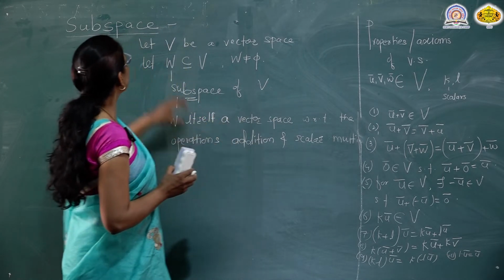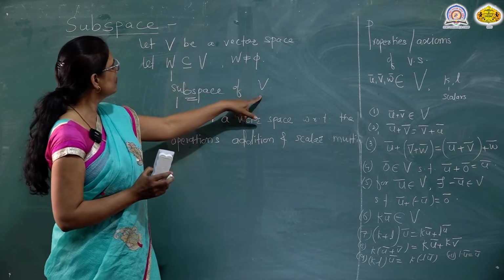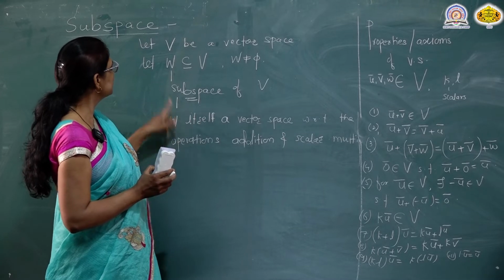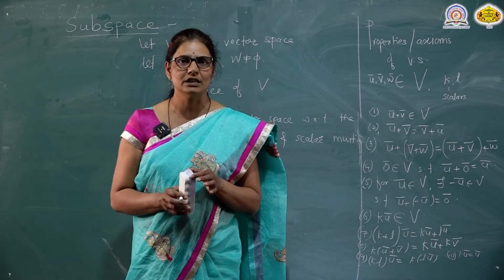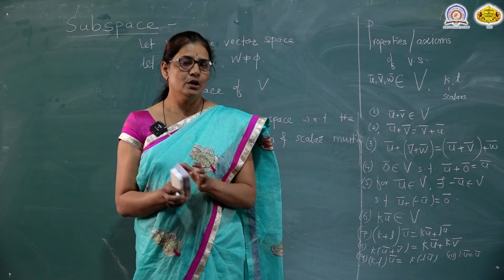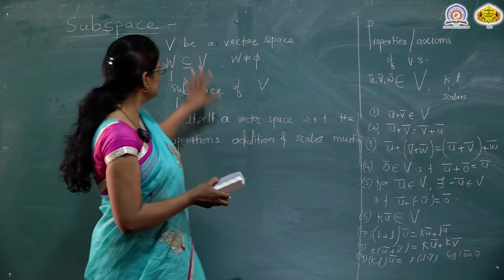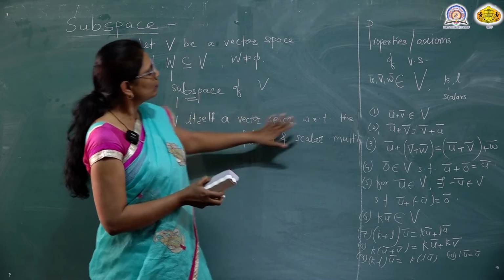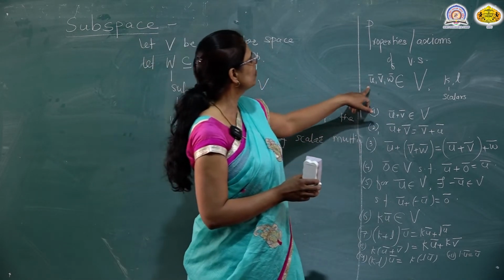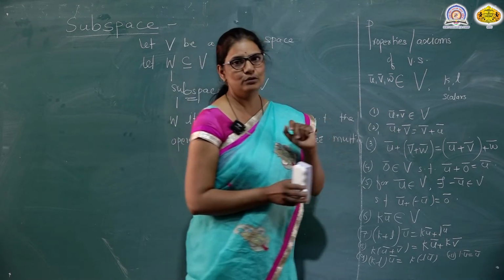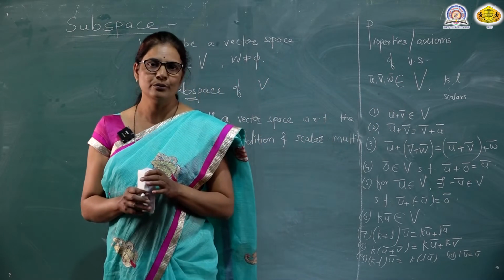Now we know that W is a subspace of V if and only if it is itself a vector space with respect to the operations addition and scalar multiplication defined on V. So suppose I want to prove that W is a vector space. We want to prove all these 10 properties for all the members u bar, v bar, w bar belonging to W and K, L scalars.